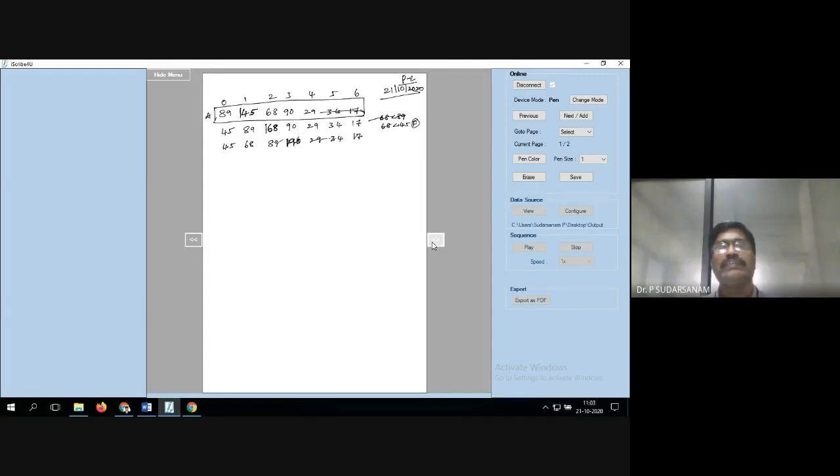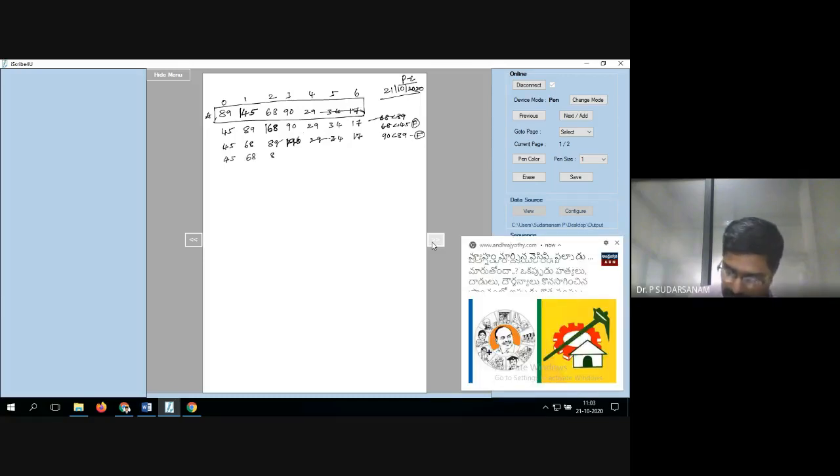Now 90, when you are taking, is 90 less than 89? The condition is false, so no operations will be done. Copy it as it is: 45, 68, 89, 90, 29, 34, 70.